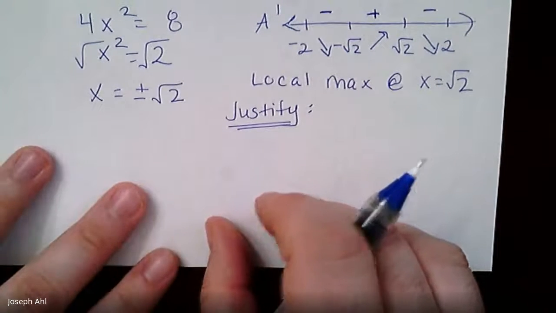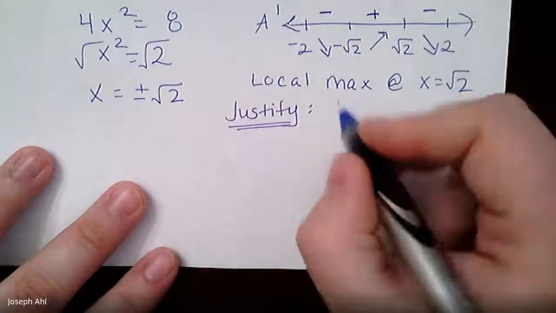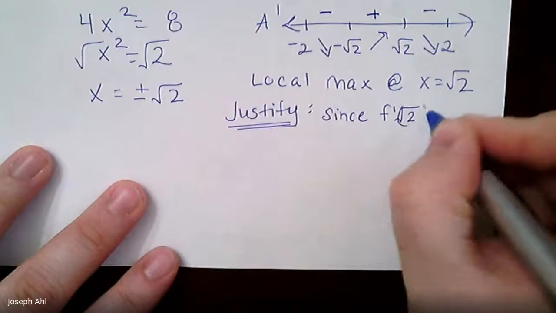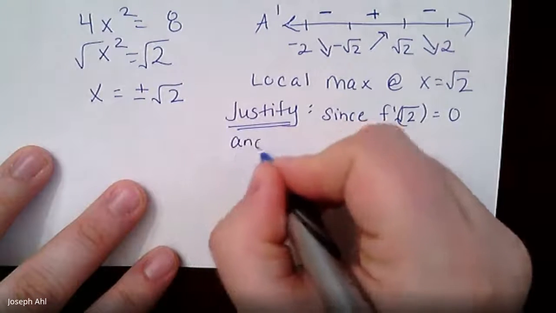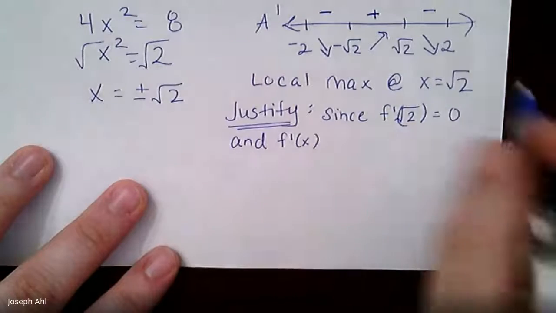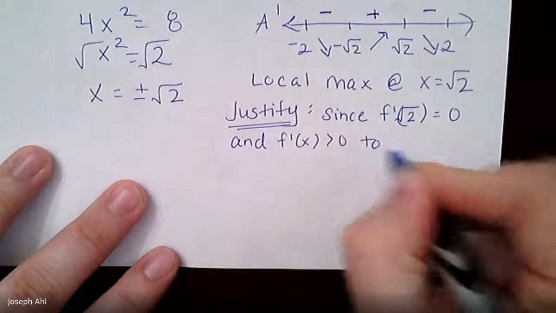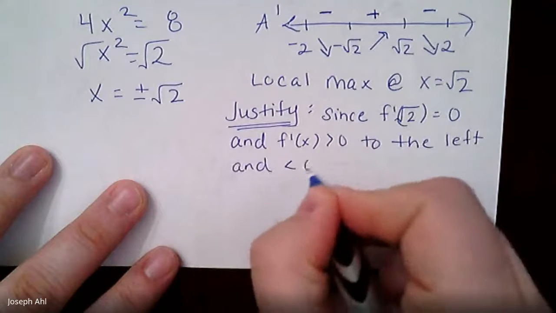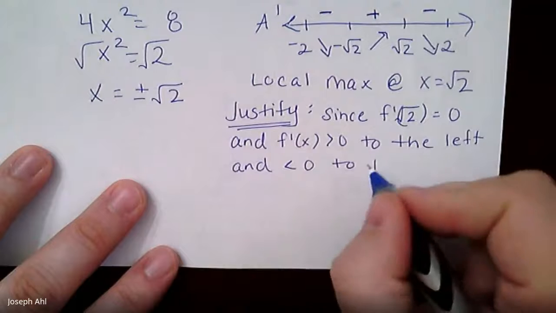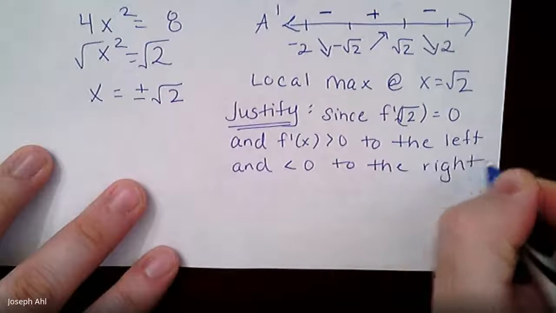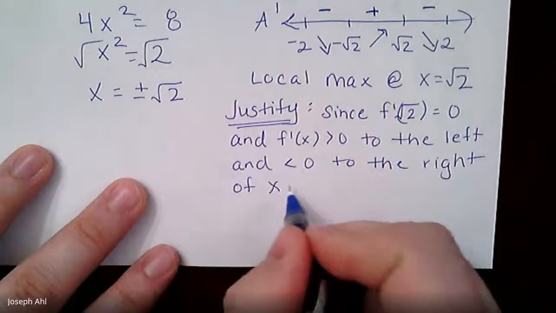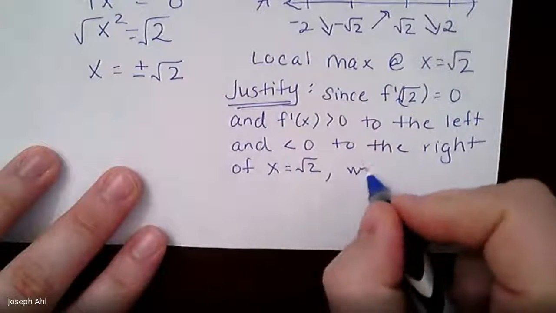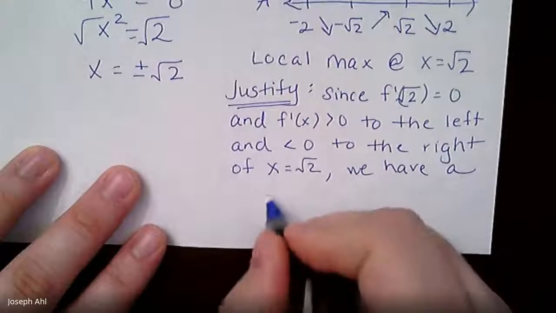Why is x equals radical 2 an example of a local max? So since f prime of radical 2 equals 0, and f prime of x is greater than 0 to the left and less than 0 to the right of radical 2, we have a local max.